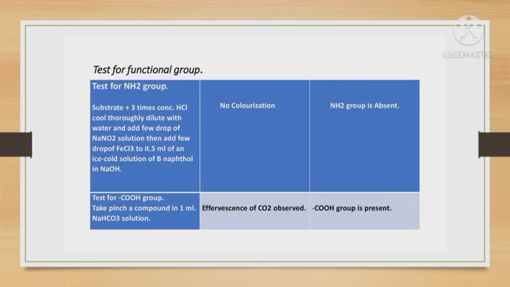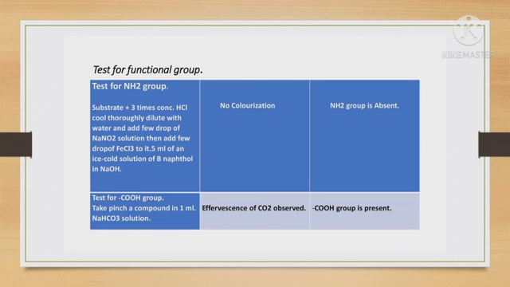Now the test for functional group. Test for amine group: substrate plus 3 times concentrated HCl, cool, dilute with water and add a few drops of NaNO2 solution, then add a few drops of FeCl3 to it. Then add 5 ml of an ice cold solution of beta naphthol in NaOH. No coloration, so NH2 group is absent.